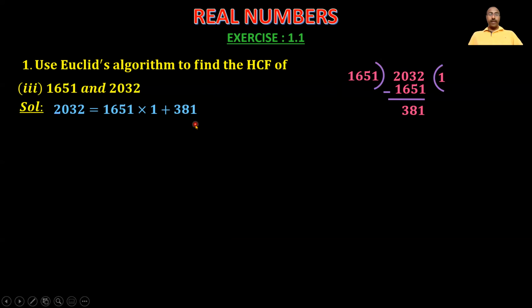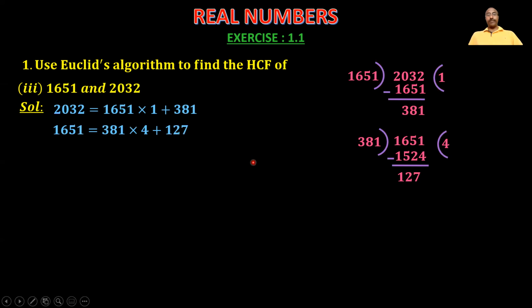Now again, take 1651 as dividend and 381 as divisor. So divide 1651 by 381, and we have 381 fours are 1524, and the remainder is 127. So 1651 can be written as 381 into 4 plus 127.